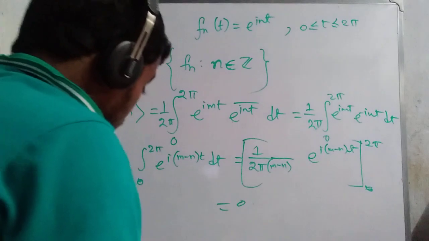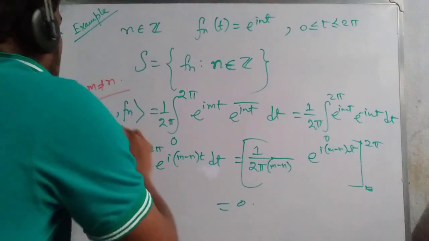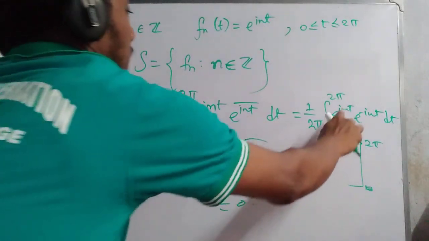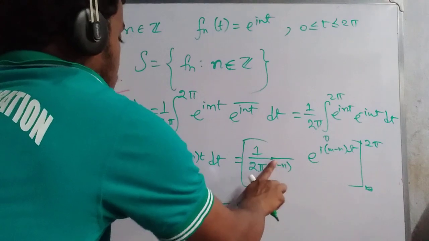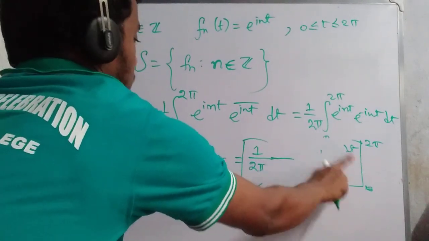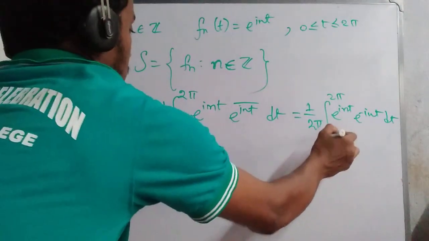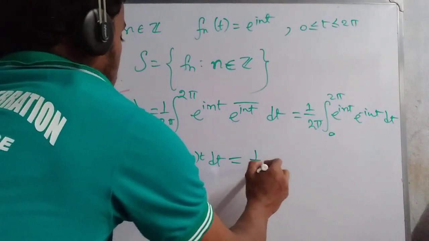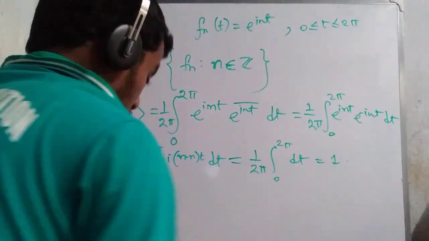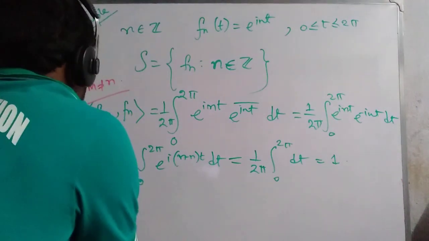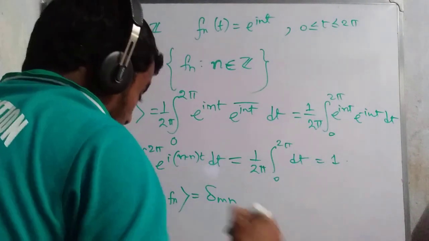And again, we also see that if m equals n, then we get 1 by 2 pi integral from 0 to 2 pi dt, which is 1. So here we write the inner product of e_m and e_n equals delta mn.